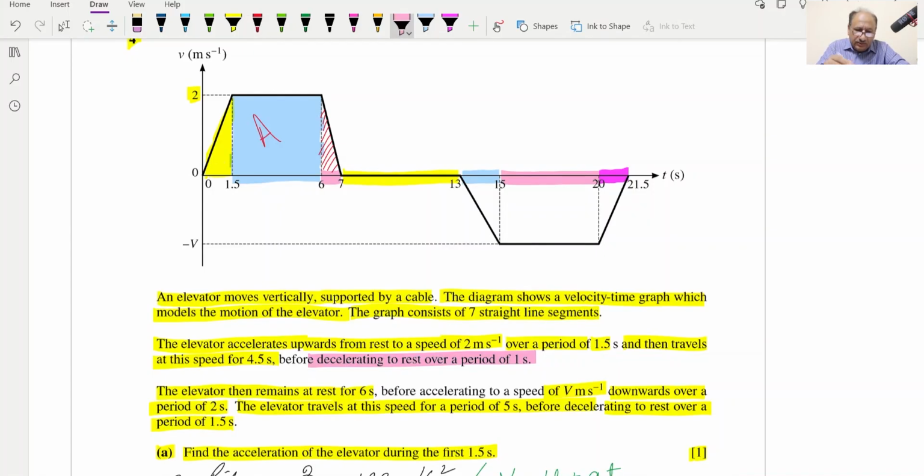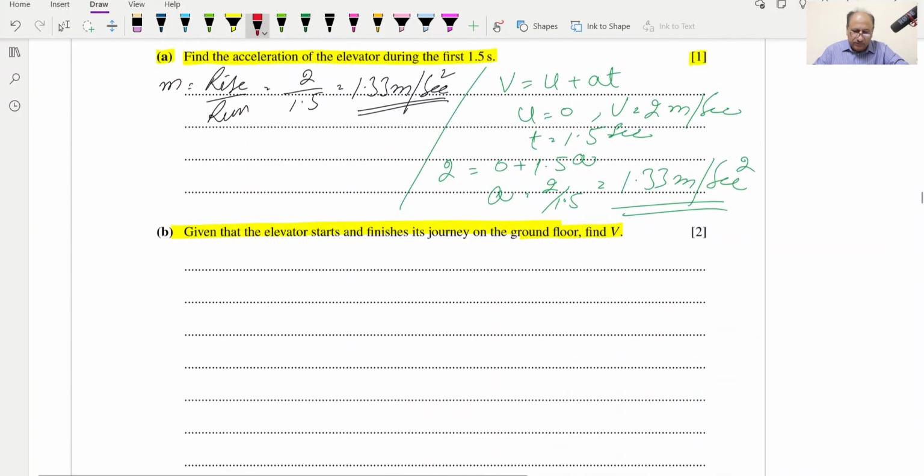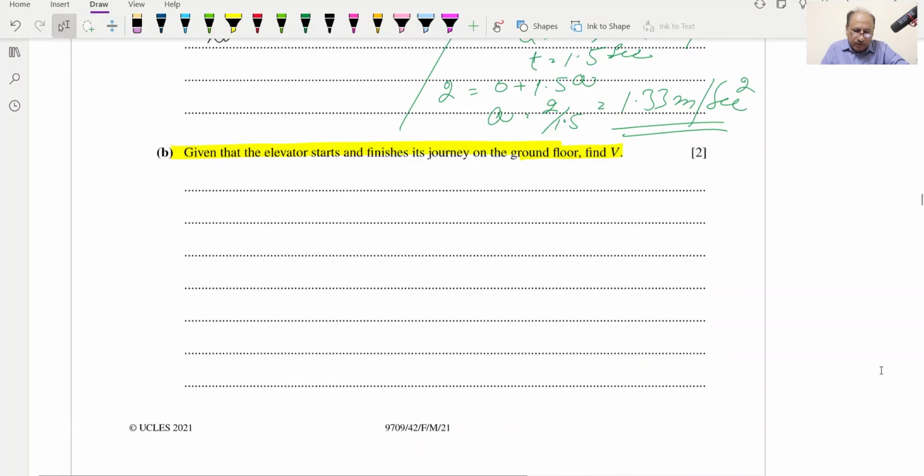And the second area will be area B, which we can consider as this one, and this will also be one rectangle and two triangles, or we can take it as a trapezium. So this will be a triangle and this one also will be a triangle. So we can term it as area B. We can compare these two areas, which will be equal to each other, as the elevator is moving up and then coming down also.